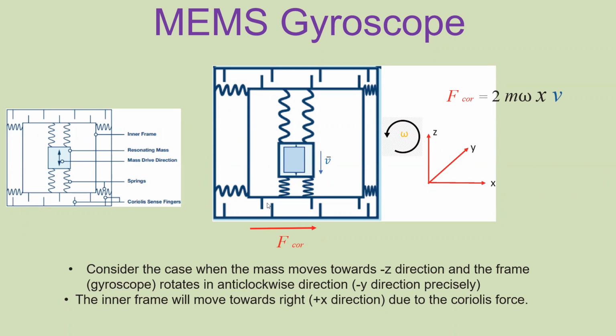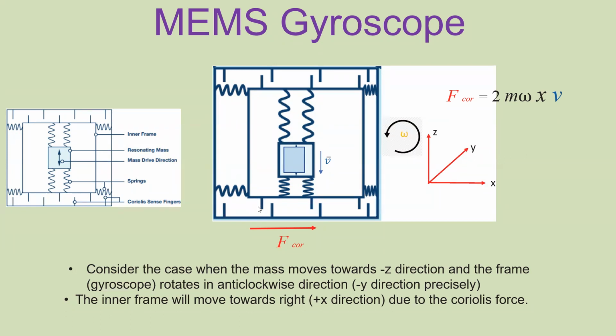When there is Coriolis force, which happens because it is rotating and having a velocity, that Coriolis force can be measured.